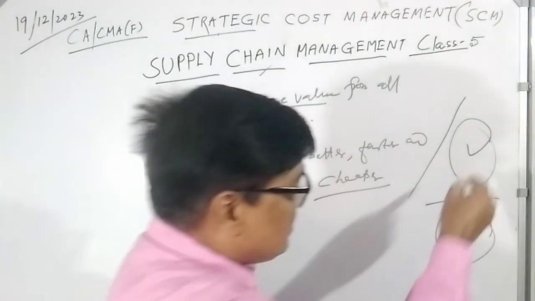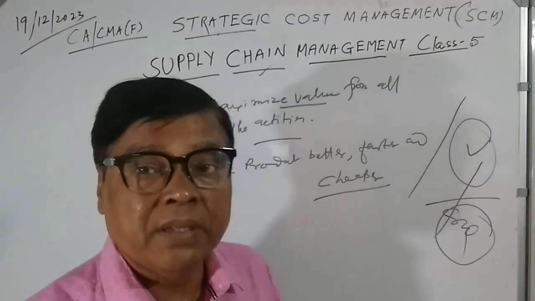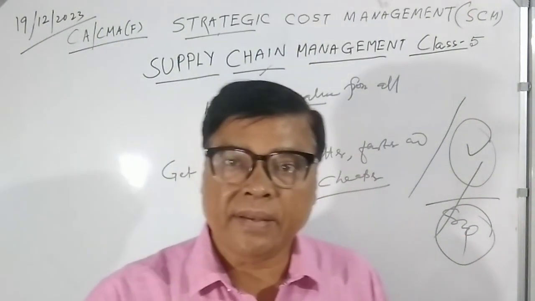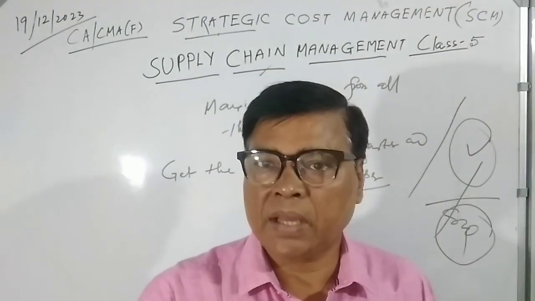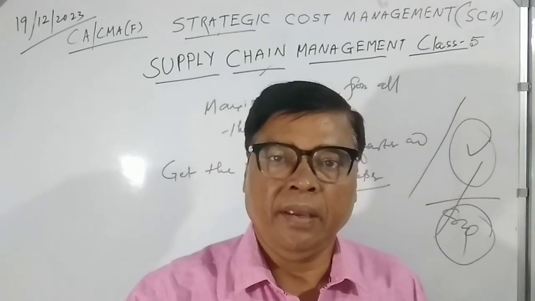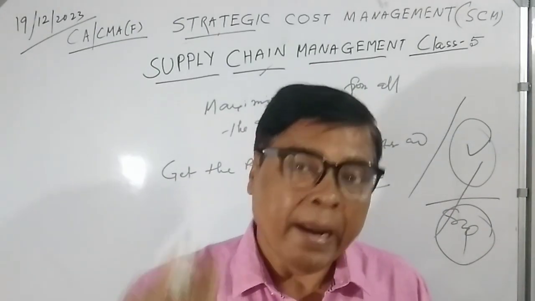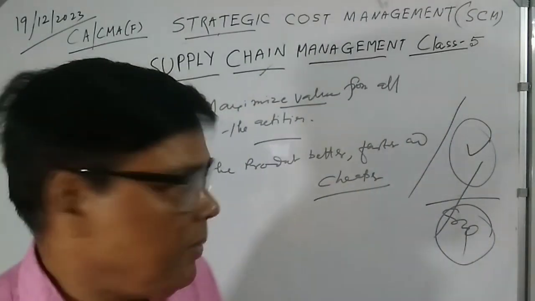So this is a chain reaction. How will we value the concept? The concept is that the right thing is available at the right time. Otherwise, wastage will come. And once you satisfy your customer, definitely he will value you, and at the same time this process itself will create the value.